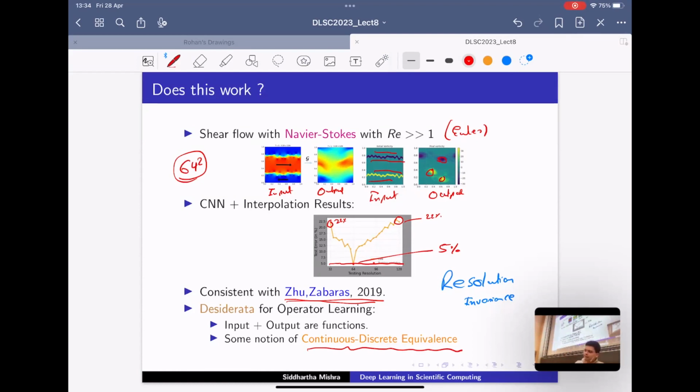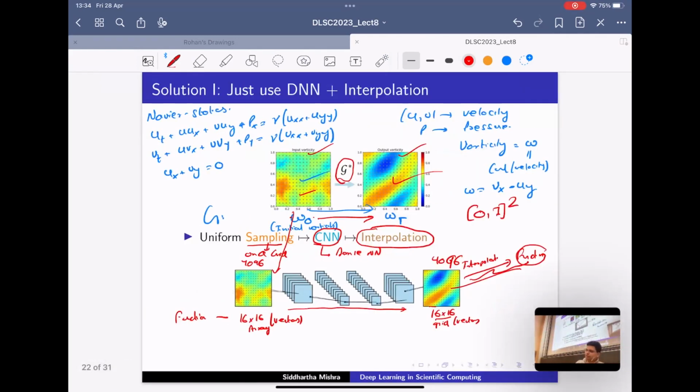And clearly, a convolutional neural network used in this manner doesn't do this. In other words, it is inconsistent. This is a loose way of saying it in function space. Actually, I should have written it on the next slide, that this method is inconsistent in function space. It just captures something in vector spaces.